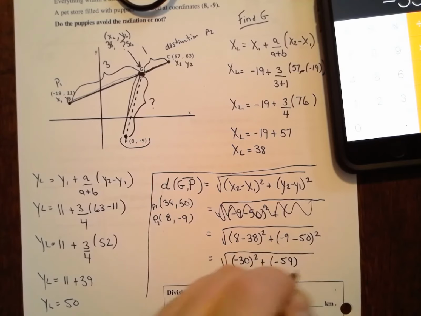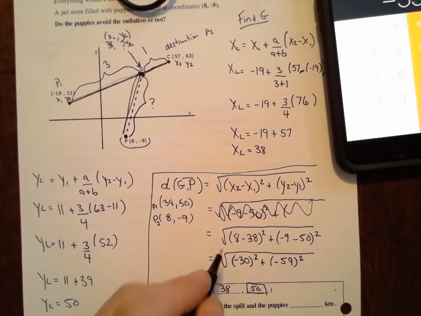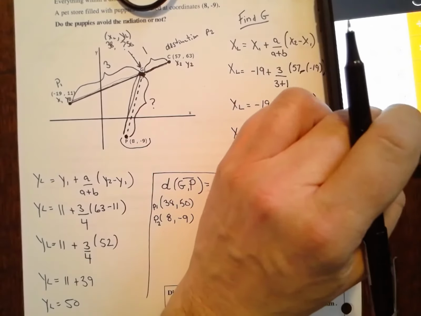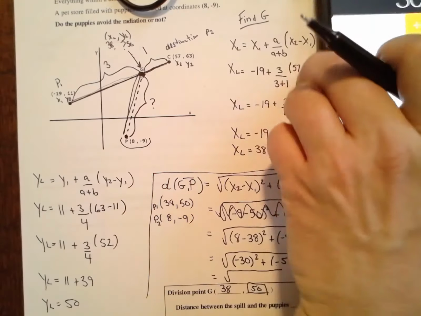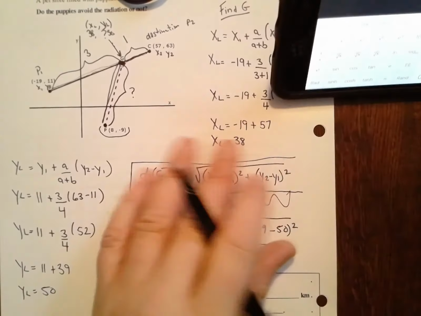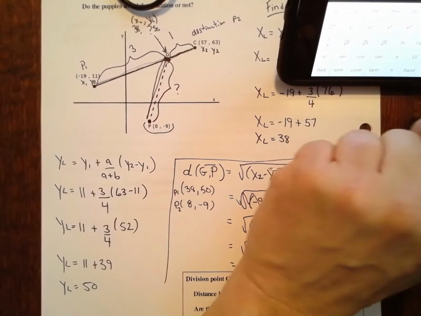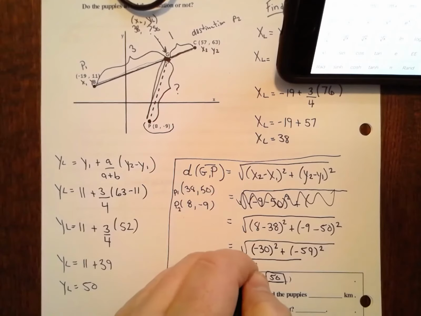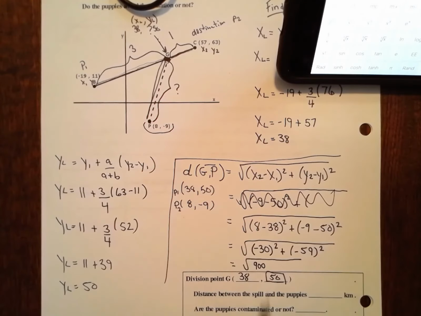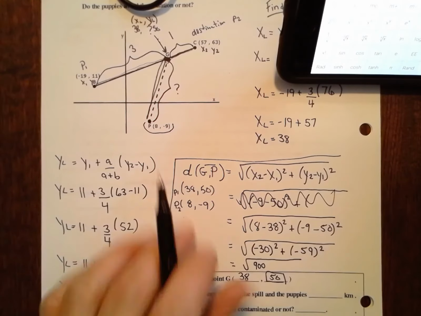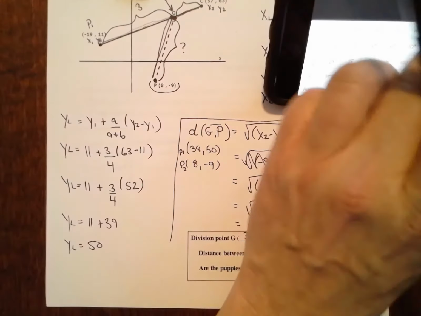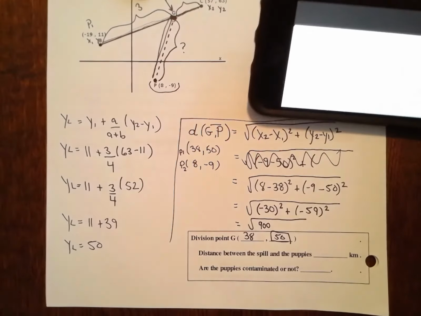When you get negatives here and you square them, make sure you're getting positive numbers. The reason is if you just go negative 30 squared on your calculator, some calculators will do the square before the negative and leave your number negative. Remember, when you're squaring a number, this should always be positive. The way to avoid that is by using brackets.